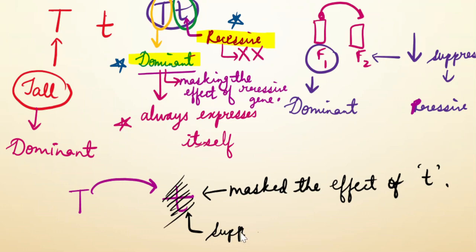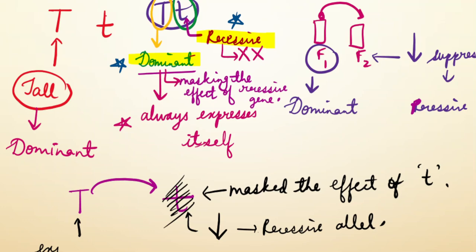Its effect is getting suppressed, so this is known as the recessive allele. And if an allele is expressing itself even in the presence of the other gene, then it is dominating. This is the dominant gene.